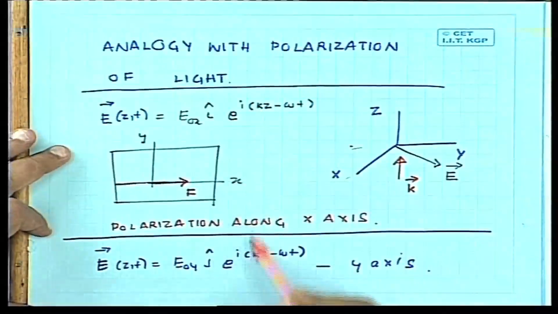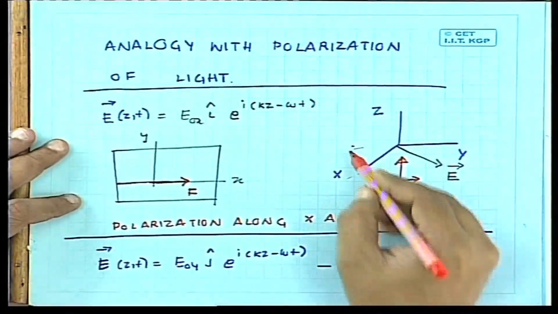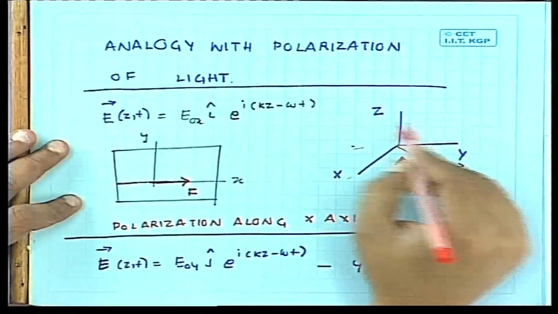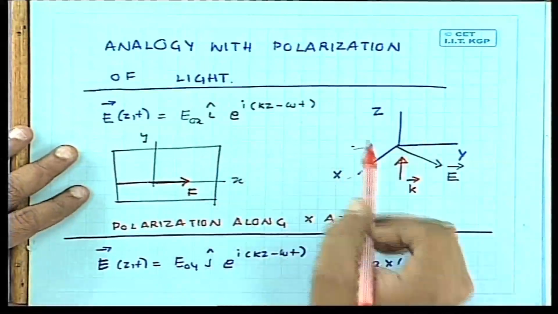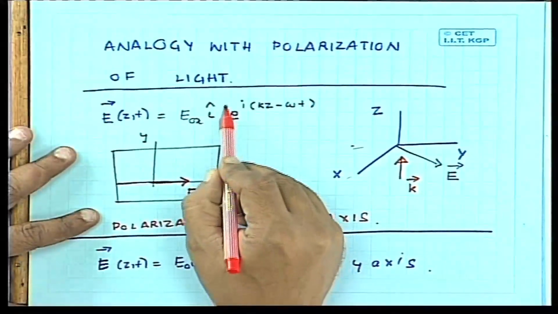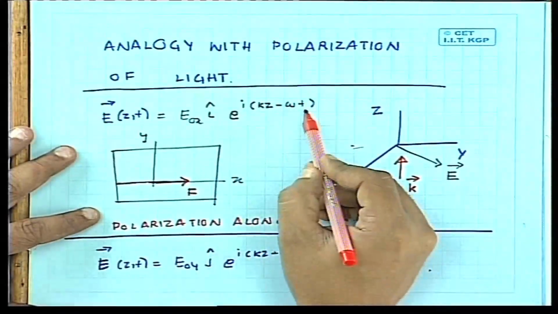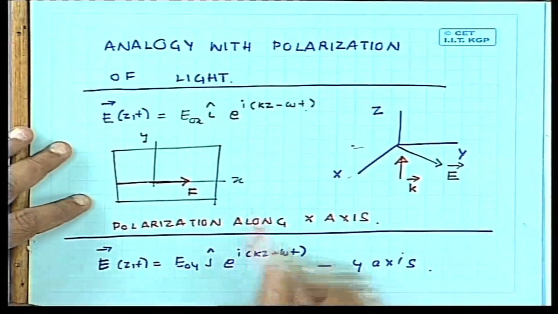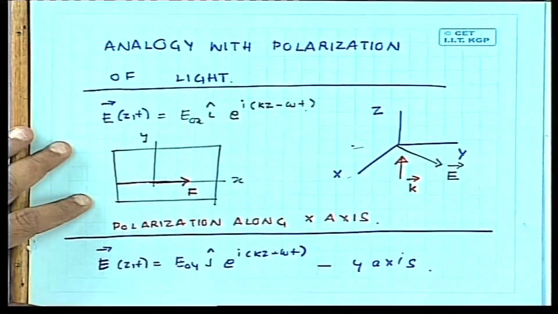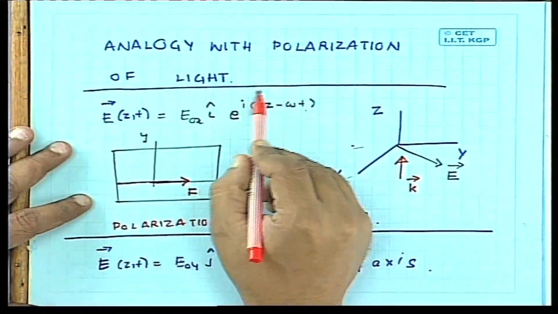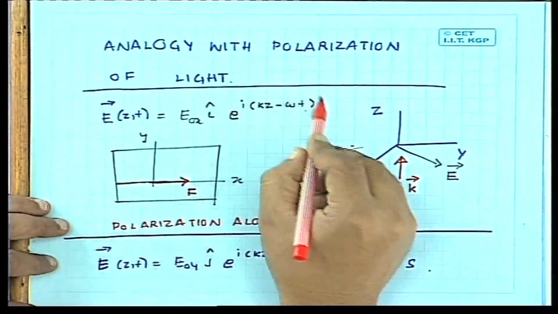We can have any linear superposition of these two and produce some other linear polarization state. So in what follows, I shall not show this exponential phase part, because it is going to be common throughout. I am only going to write this and this part. You can assume that this is going to be there throughout. I shall not put this explicitly all the time.